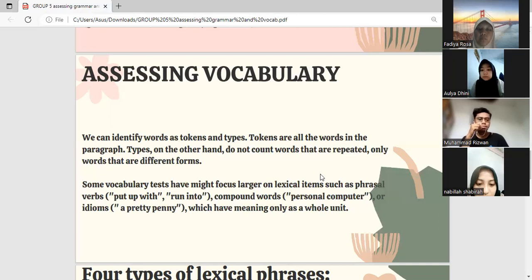Some vocabulary tests might focus largely on lexical items such as phrasal verbs, like put up with, run into, compound words, like personal computer, or idioms, like a pretty penny, which have meaning only as a whole unit.